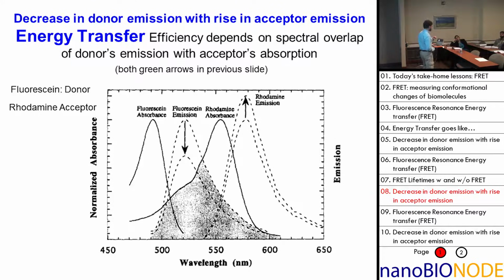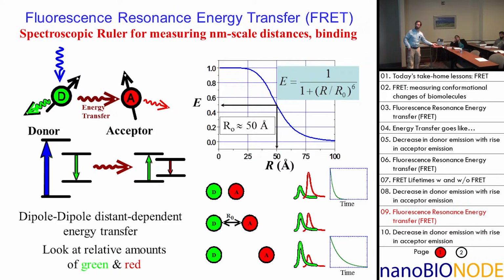Okay. So, could you explain that one? This says that what you can do is take the lifetime of the donor, either in the absence of acceptor, or if the acceptor is really far away. In that case, it'll have a lifetime we call tau sub d.